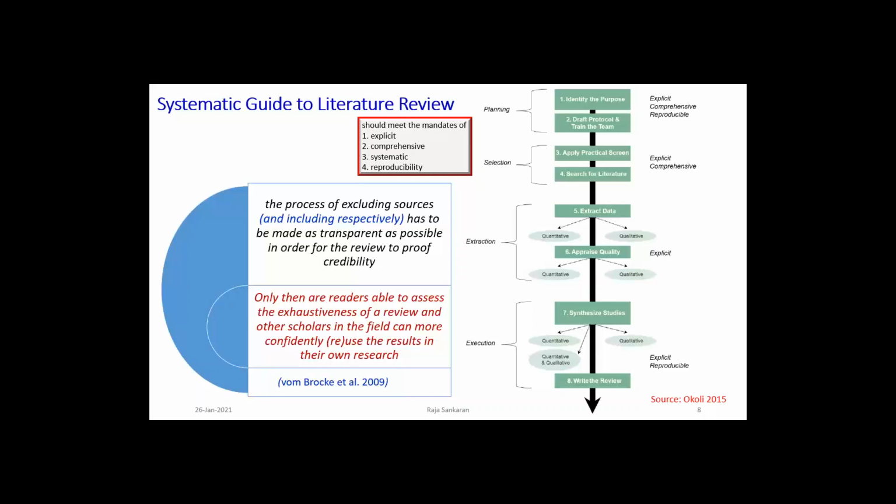And here what we are talking about, since it is an SLR or a meta-analysis, the number of papers which are being produced related to systematic literature review or meta-analysis is less compared to the other types of papers. For example, if you're doing an empirical study or a quantitative study or a qualitative study, there could be many more compared to the number of papers that you could have for SLR or meta-analysis.